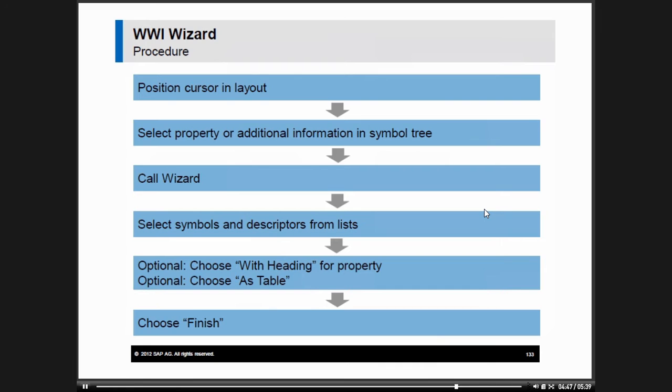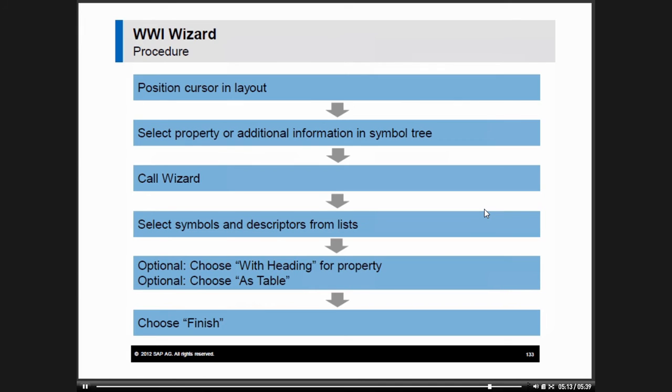Call the WWI wizard. The WWI wizard can be accessed using the Edit WWI Objects toolbar available under the symbol tree. The dialog box WWI wizard for repeating groups opens. Select the required characteristic symbols and click Next.